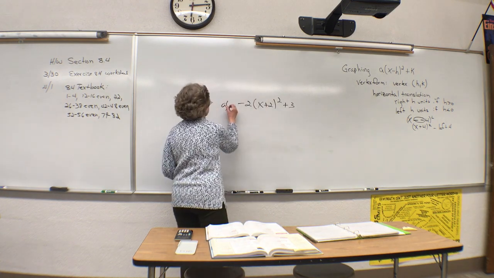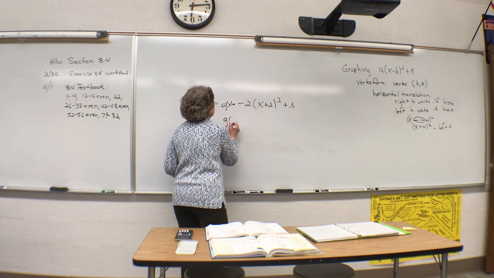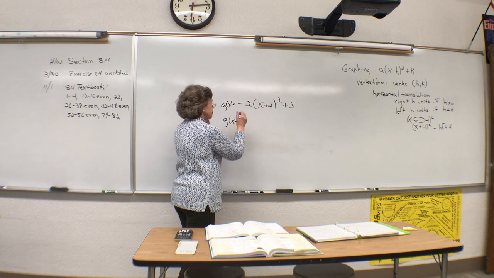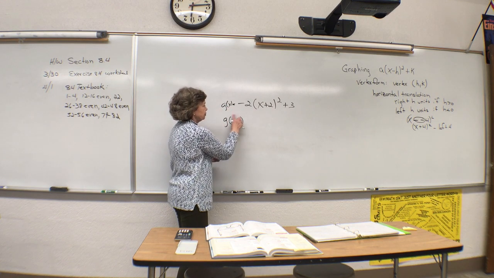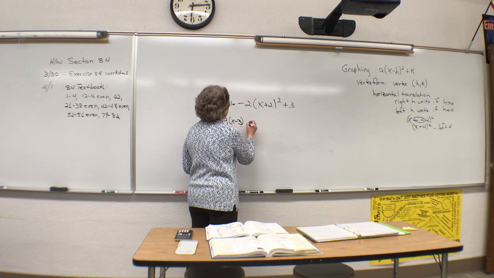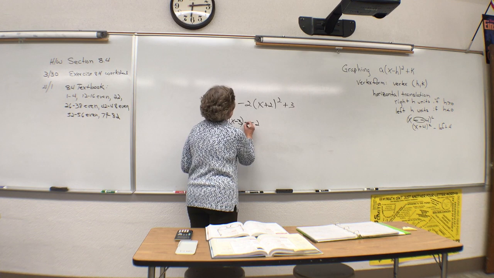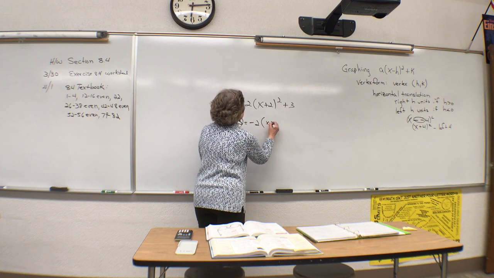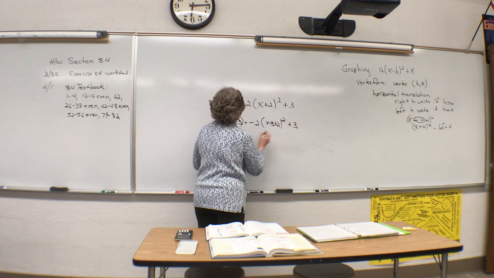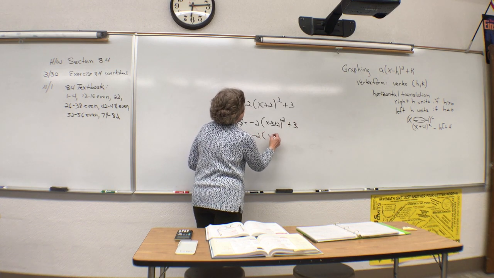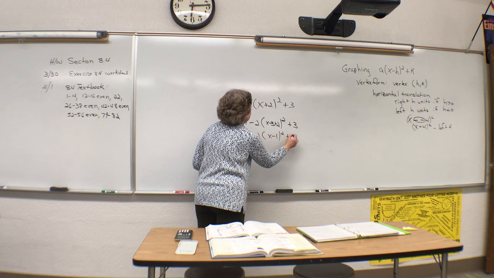That was g of x. And now I want to see g of x minus 3. Remember that function notation says wherever I see an x, I'm replacing it with x minus 3. So in this, we have -2, x minus 3 plus 2 squared plus 3. So I have a -2, x minus 1 squared plus 3.